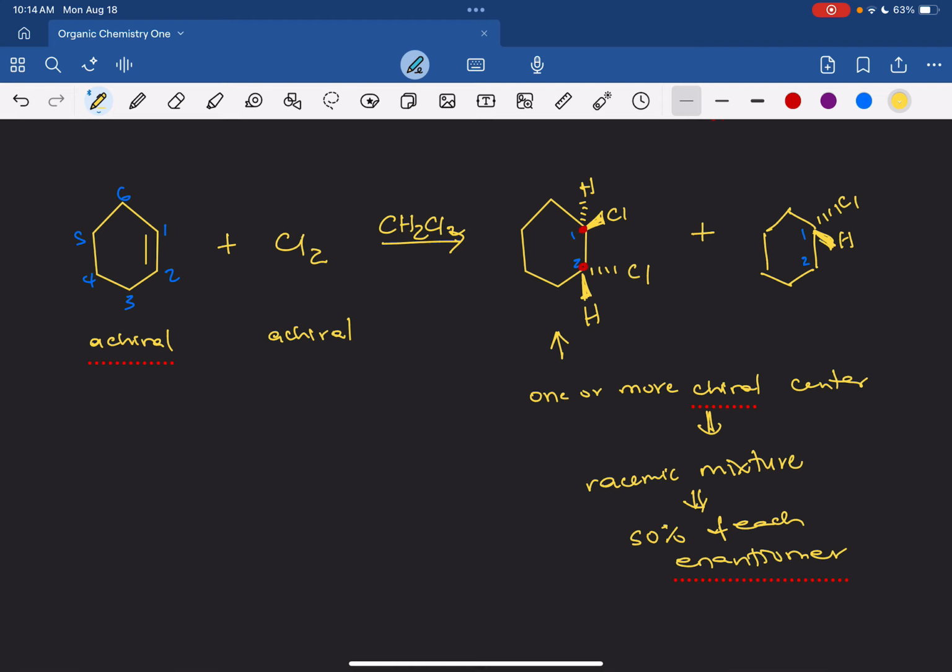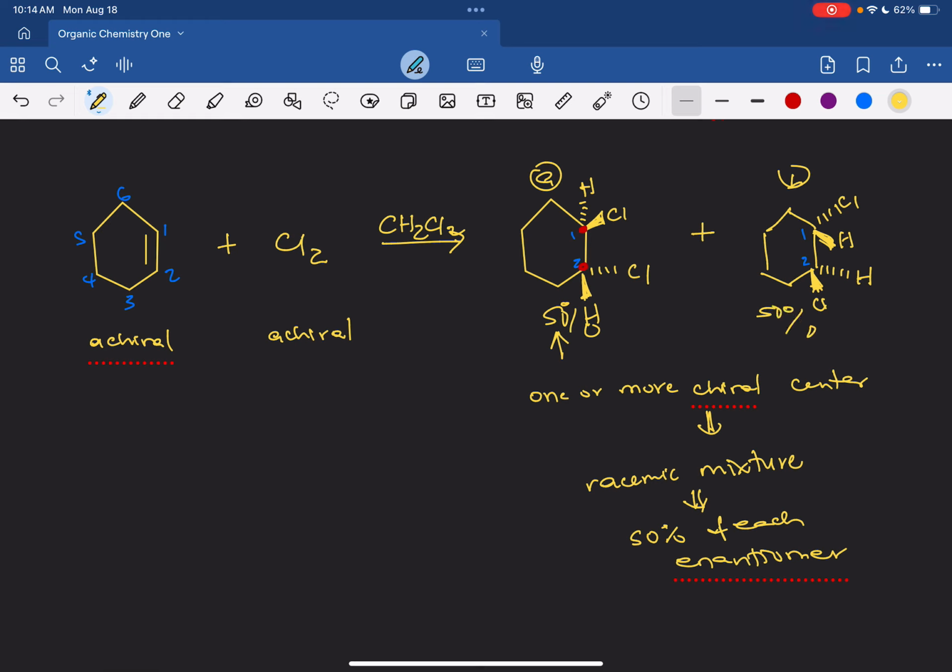All I'm doing is swapping the groups. At carbon number 2, the group that is above this time around is the Cl, and the group that is below is the hydrogen. So these are my two enantiomers, A and B, and they're formed 50-50, which is what a racemic mixture is.